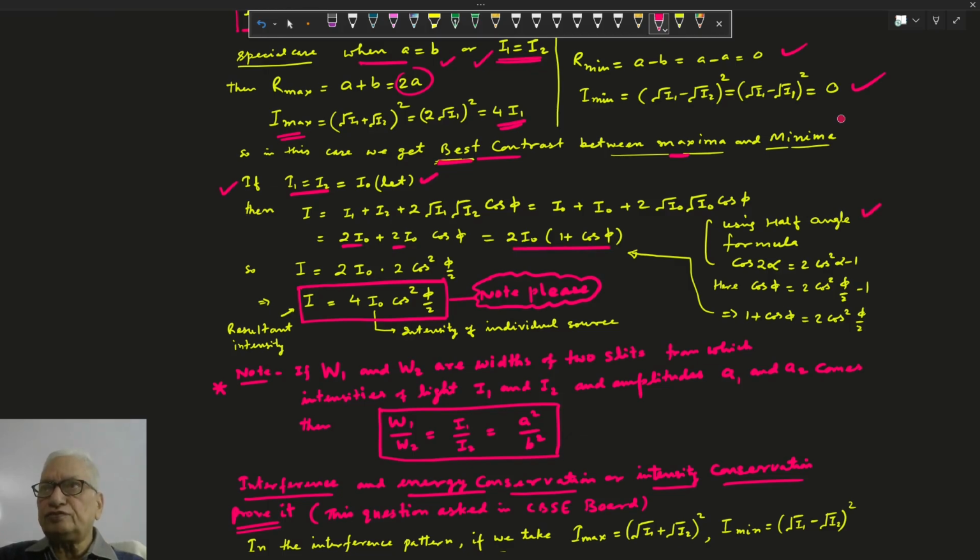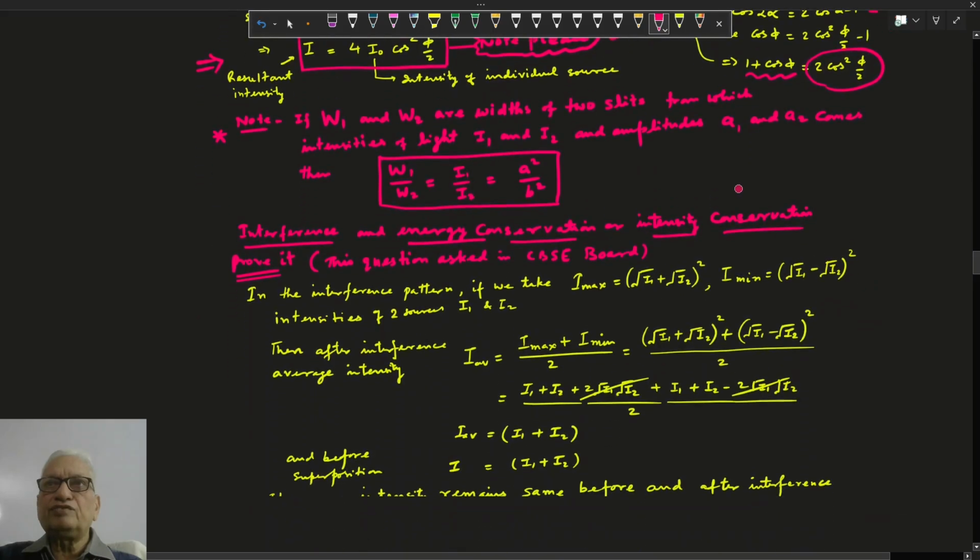Using the half angle formula, cos 2 alpha is equal to ये होता है हाफ एंगल फॉर्मूला. अगर यहाँ पे 2 अल्फा की जगह phi होगा तो हाफ एंगल आ जाएगा phi/2. ये 1 इधर जाएगा तो 1 प्लस cos phi को हम 2 cos स्क्वायर phi/2 पुट करेंगे. यहाँ पे पुट कर दिया इसकी जगह तो 2 टू द 4 हो गया. फाइनल रिजल्ट मिल गया है. इंटेंसिटी रिजल्टेंट इंटेंसिटी 4i naught cos square phi/2. ये सिर्फ तभी पॉसिबल है व्हेन i1 i2 बोथ आर सेम, अदरवाइज ये फॉर्मूला वैलिड नहीं है.